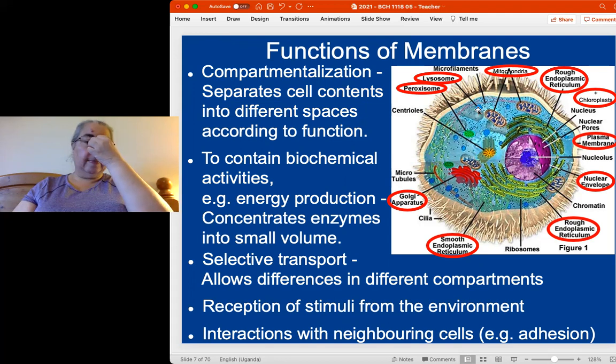A second important example we've seen is the nucleus. We've looked at cell division and the way that the genetic material, the chromosomes, are organized and condensed in a way that's possible because they're enclosed inside a nucleus, inside a membrane, inside a separate compartment inside the cell.